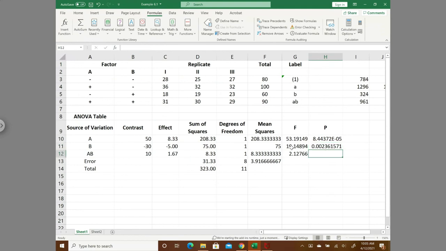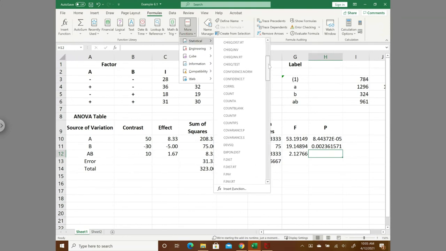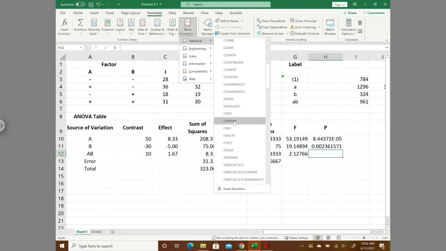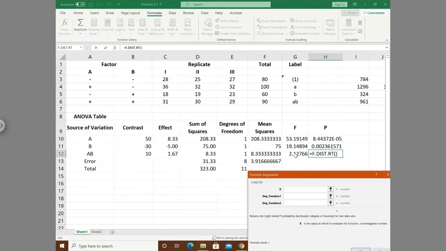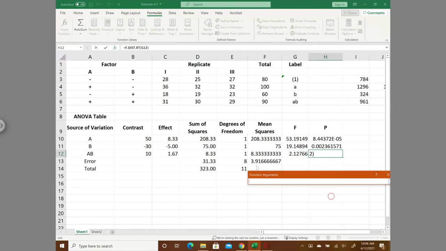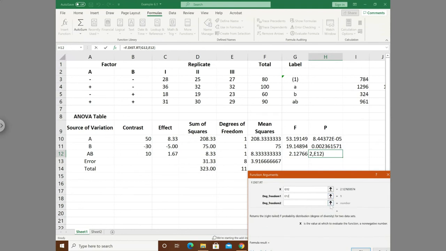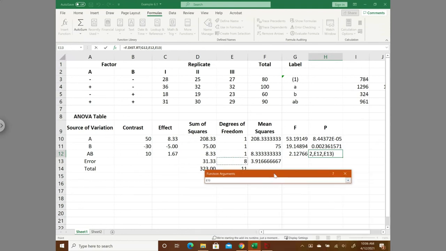And let's do it one last time. Statistical, F.DIST.RT, the F value for the interaction effect, then degrees of freedom for interaction, and degrees of freedom for error.